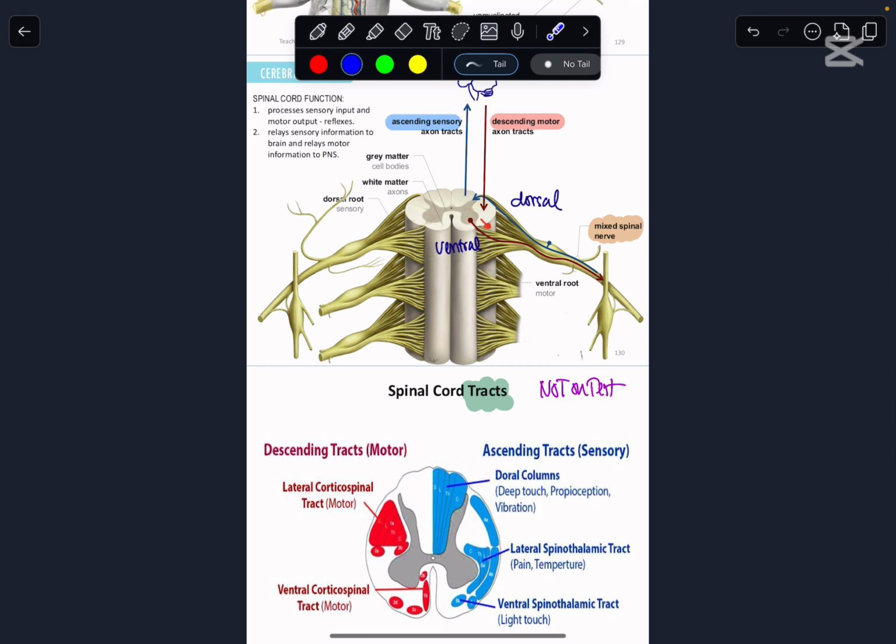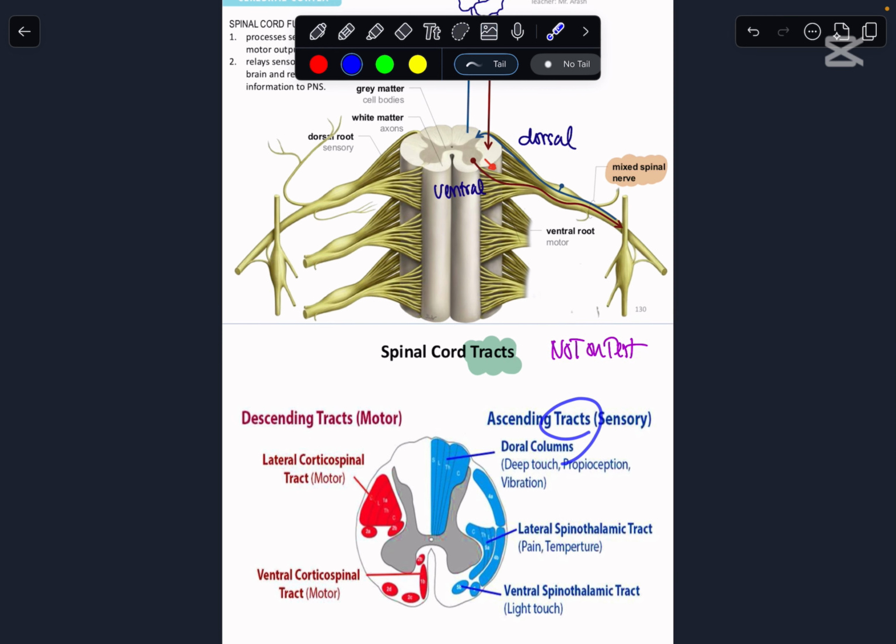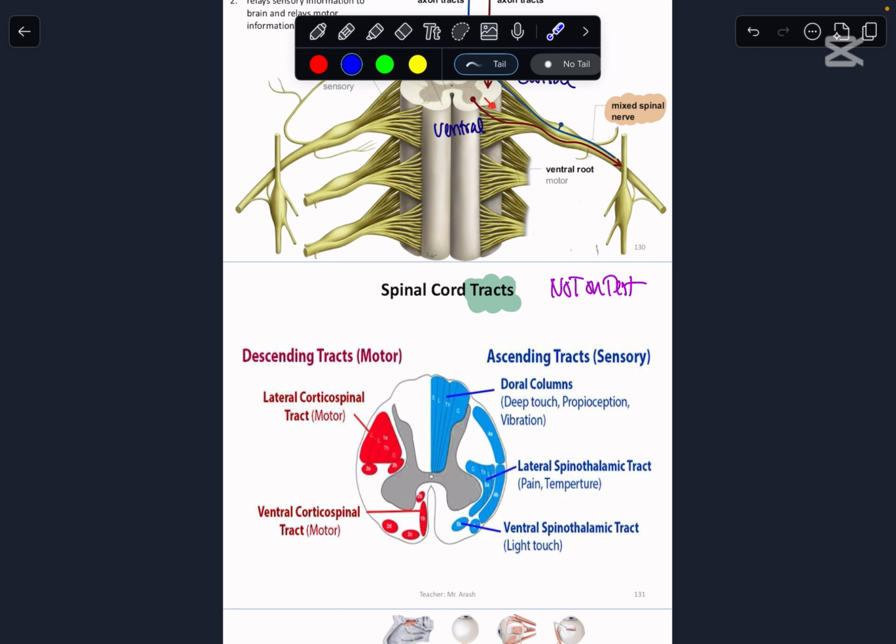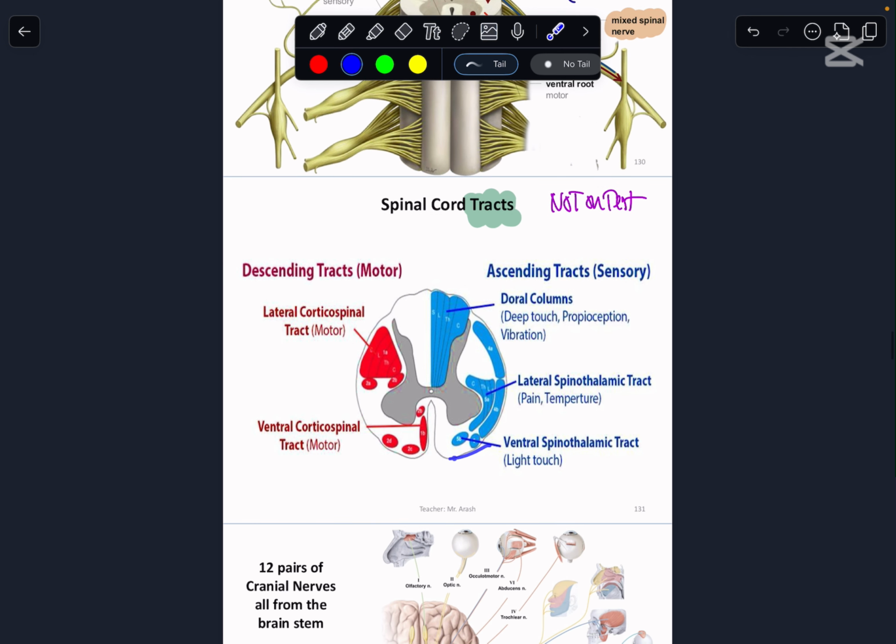Remember, tract is the analogous term used in the central nervous system that represents a collection of axons. Do you guys remember your first slide? So tract is the same thing as a nerve, except this one is peripheral nervous system and this one is central nervous system. So when it says tracts, they're basically talking about a bunch of axons, which are sensory or motor, and you can see that division in the spinal cord.